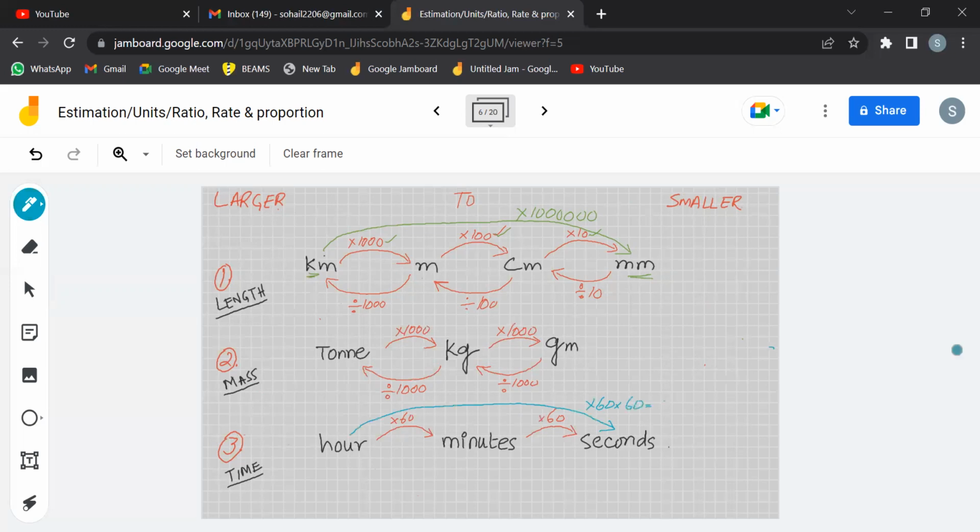So if you multiply by 3600, you can convert the unit from hours to seconds directly, and then from seconds to minutes, you divide by 60, and from minute to hours, you divide by 60.